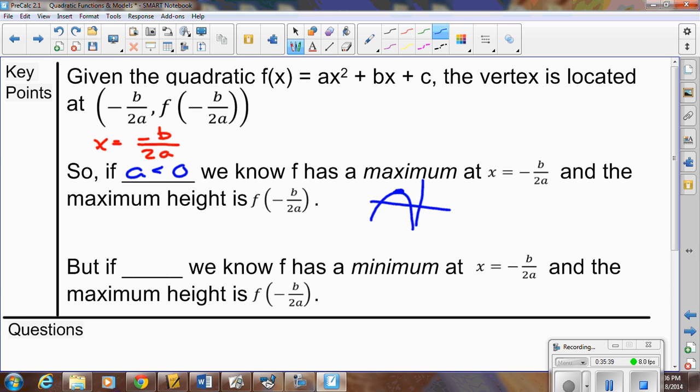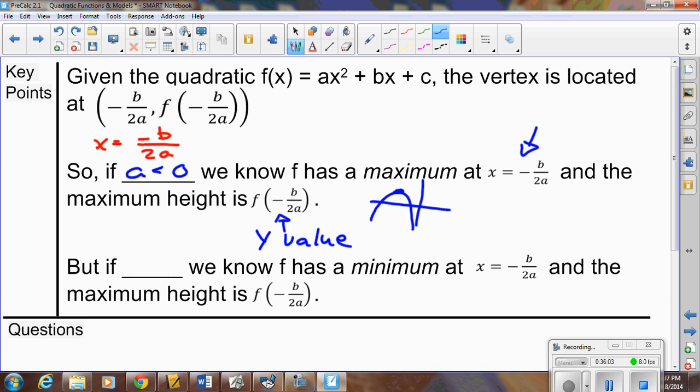The maximum occurs when x is equal to negative b over 2a. But the x value is not the maximum. The point is not the maximum. The maximum is actually the y value. After you figure out what the x is, you will have to plug it back into the function.